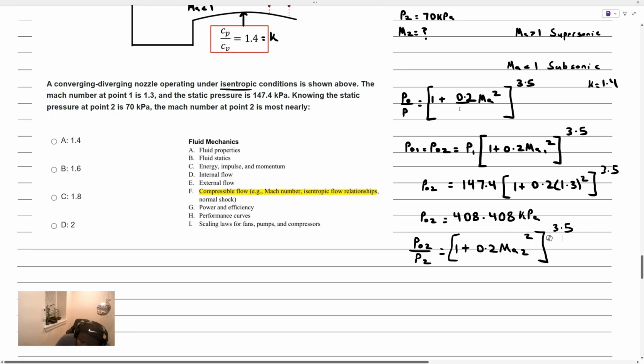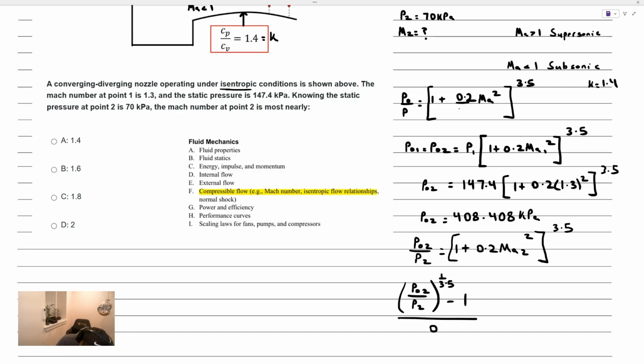We're looking for the Mach number at state point 2, so we have to isolate the Mach number. We can raise both sides to the 1 over 3.5, subtract off 1, divide by 0.2, and take a square root to find the Mach number at state point 2.